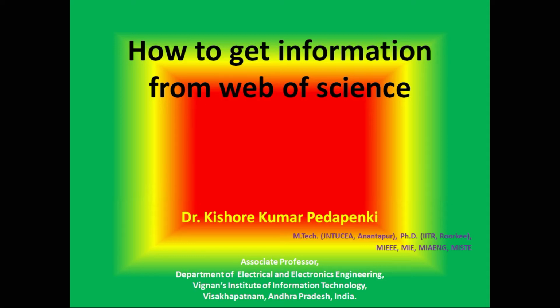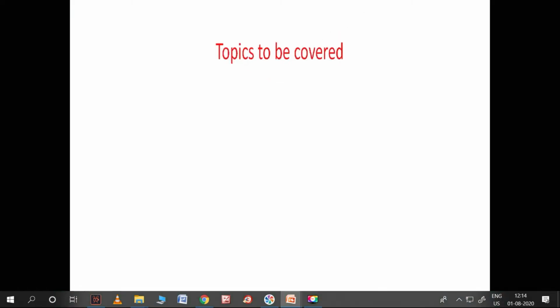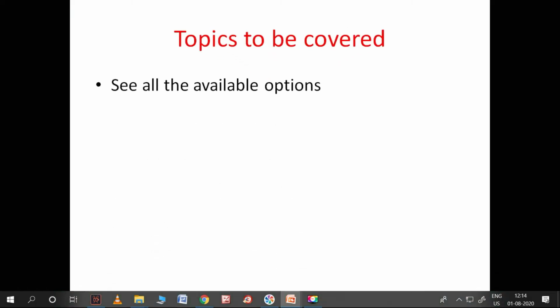This video has two parts. One is simply a PPT and the second one is hands-on, that means how these things are done through the internet. So we will see the PPT part first, how to get information from Web of Science. The topics to be covered in this video are: see all the available options in the Web of Science website, and log into Web of Science.